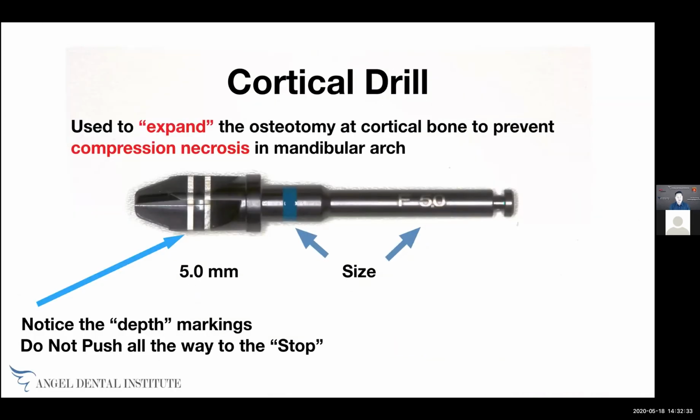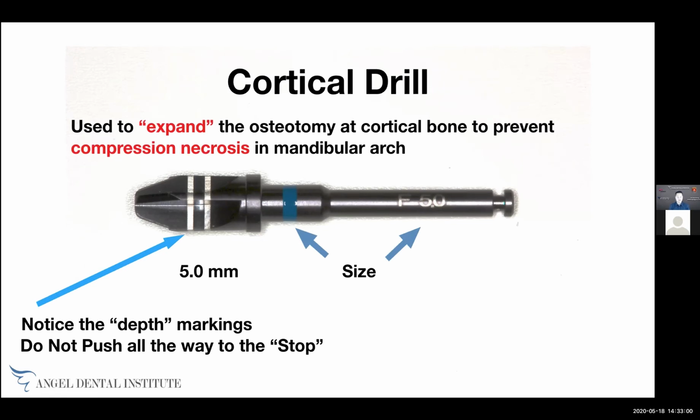Cortical drill. The cortical drill is used to expand the osteotomy at the cortical bone, the top part of the osteotomy, and to prevent compression necrosis in the mandibular arch. Really, this cortical drill is not used in the maxilla, it's only used in the mandibular arch, and usually in the mandibular posterior. You can use it in the mandibular anterior also.